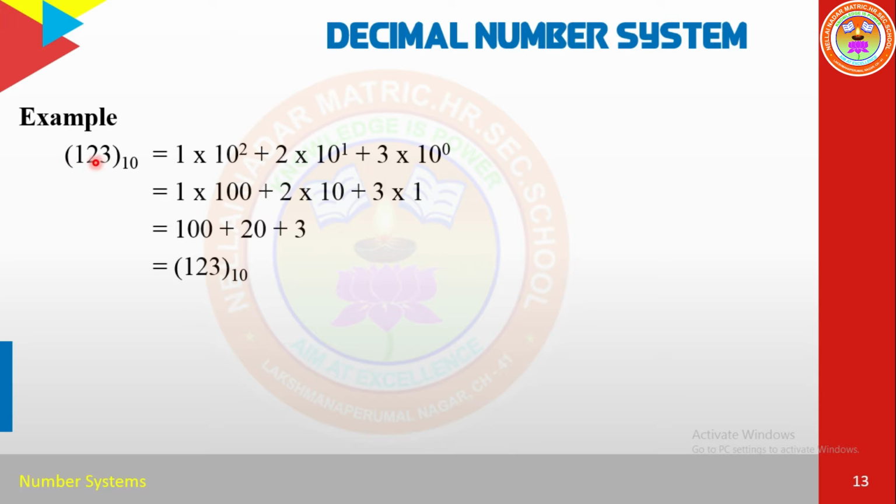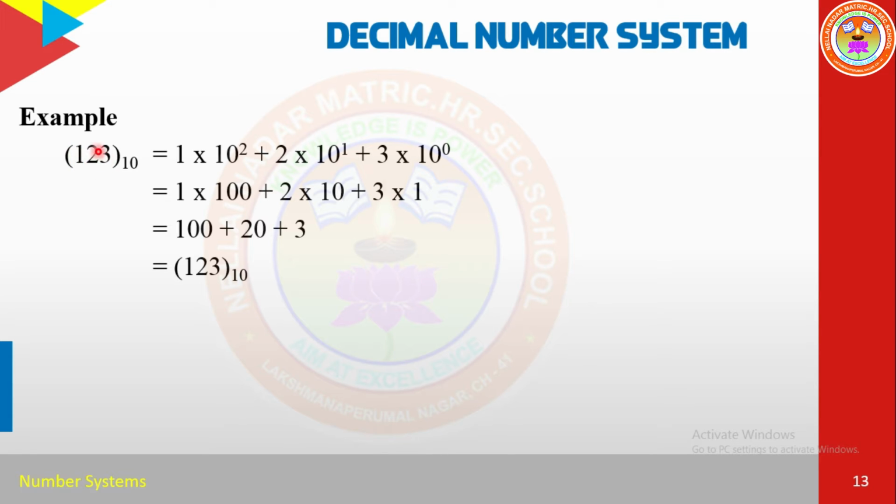Also, another identification is the base value. The base value is 10. Once a number has the base value 10, that number is called a decimal number. Students, please remember this.